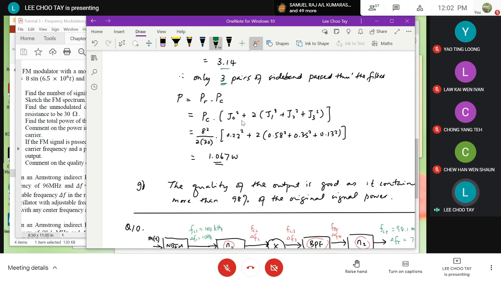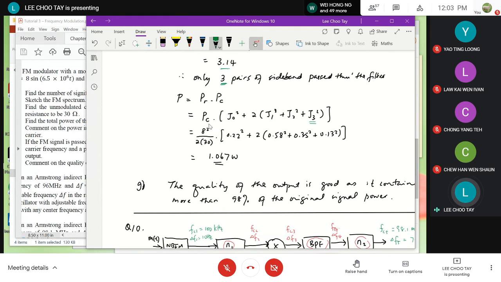Here the power ratio is J0 squared plus 2 times the sum of the squares of the coefficients. Because you only pass 3 pairs, we only compute out to J3. Do not calculate J4.